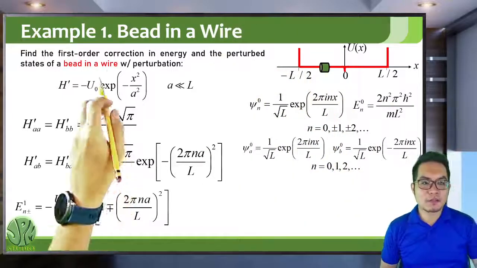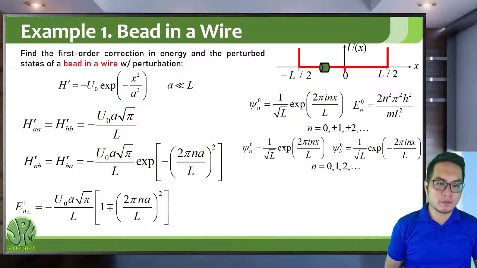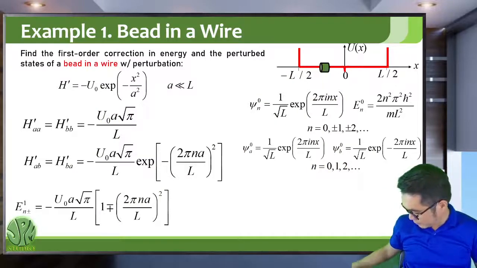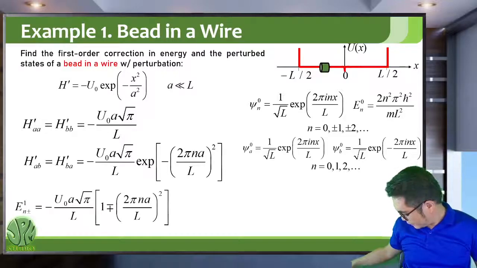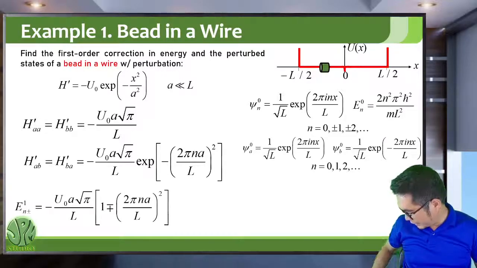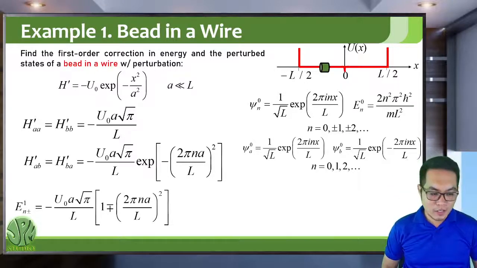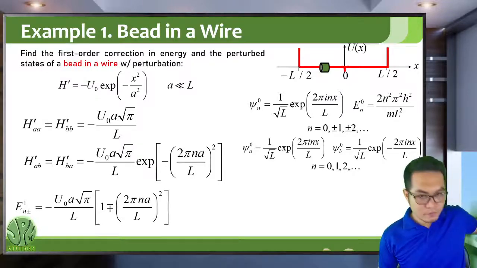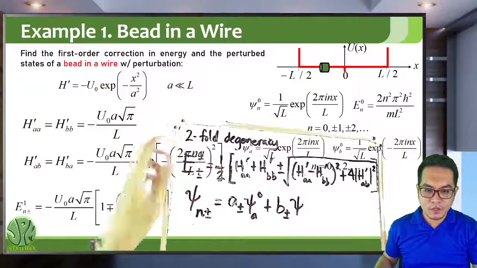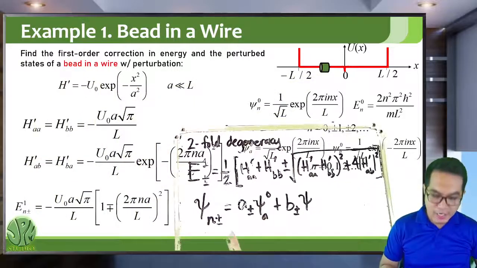We're also asked to find the perturbed states of this system. So how do we get the perturbed states? For the perturbed states, psi n plus and psi n minus, we use this one.